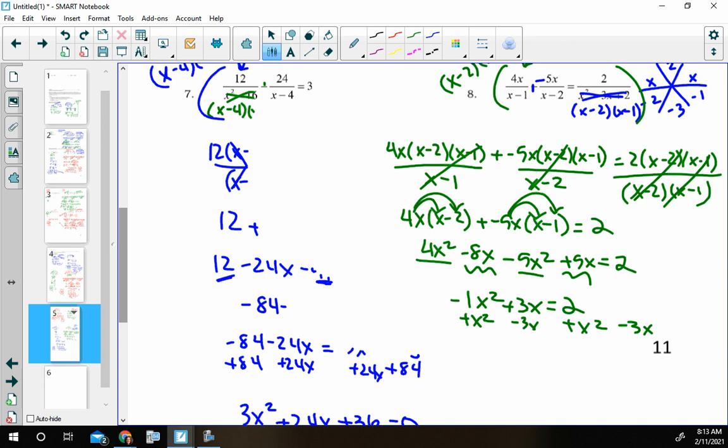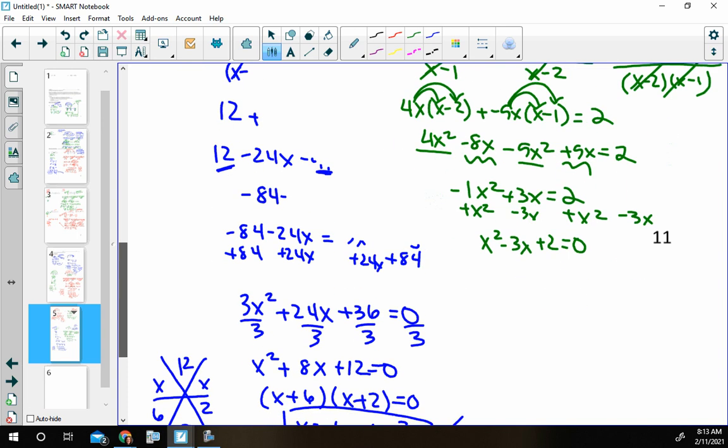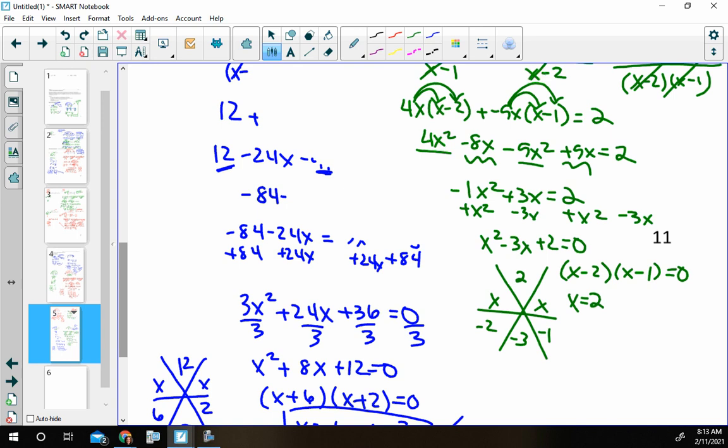Then write it in standard form. So I'm going to get x squared, I subtracted 3x, and he is a positive 2. So now when I snowflake, it's a lot prettier to look at this than when everything's negative. So this is going to be a negative 2, negative 1, which is going to give me a positive 2 and a positive 1.